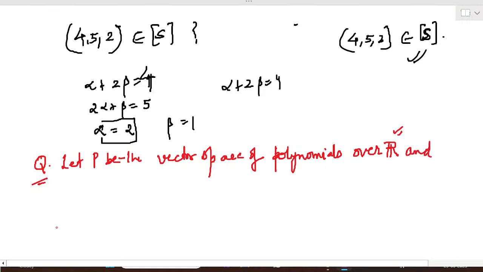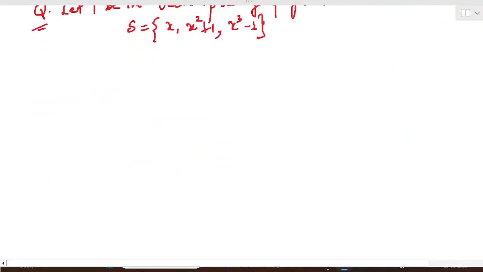S is a subset which gives you x square plus 1 and x cube minus 1.